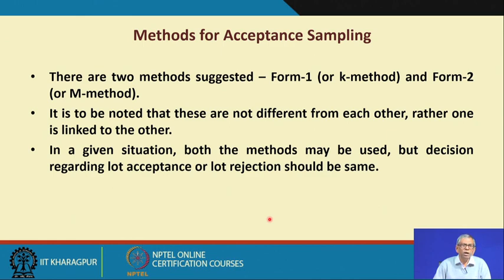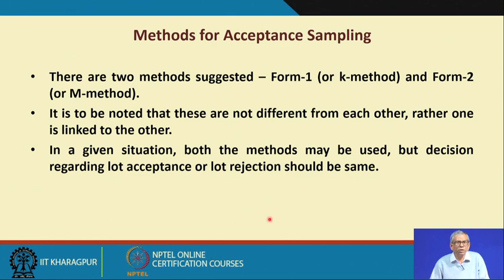Obviously we will be referring to a particular quality characteristic. Just make a note that all these variable sampling plans you design and use are with respect to a particular quality characteristic. If the quality characteristic changes, obviously you have to design a different sampling plan.